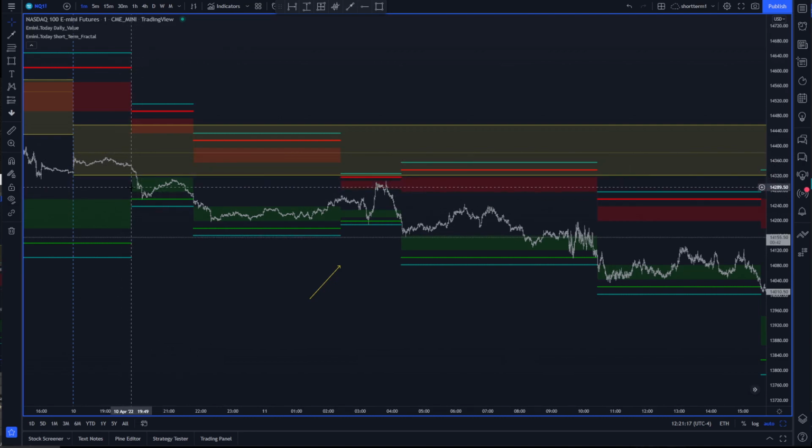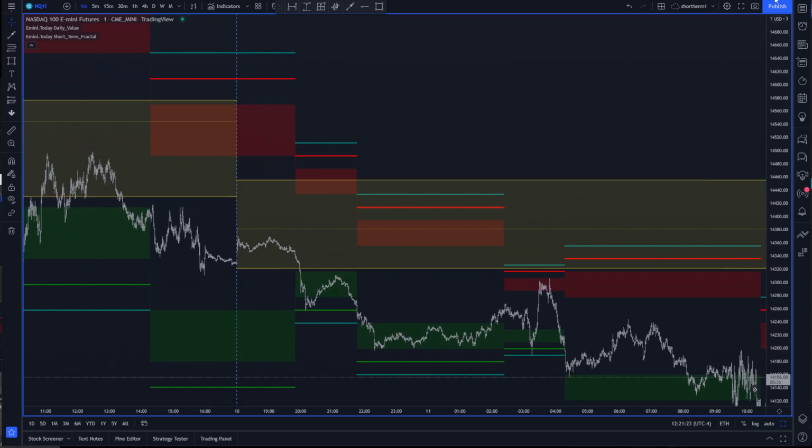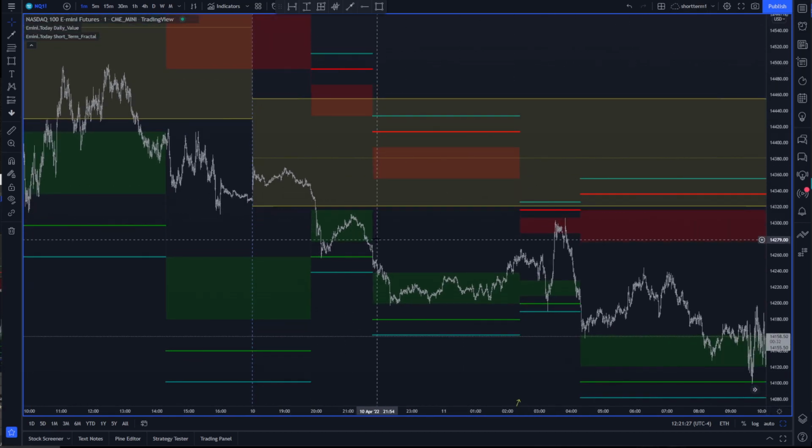So you want to have this fractal be outside of it. And as you can see, this fractal, this green box, is outside of this value area, right?